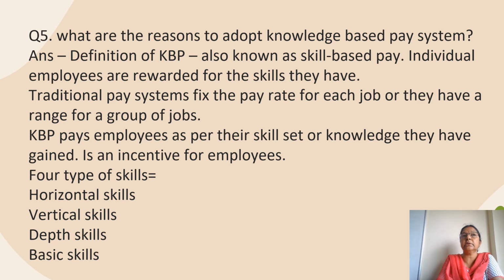Horizontal skills means in a particular job you will learn additional things, like in accounting, you will learn more skills in accounting. That is horizontal skills. Vertical skills means in your job you will learn higher level skills, or you will get higher level knowledge in your job.